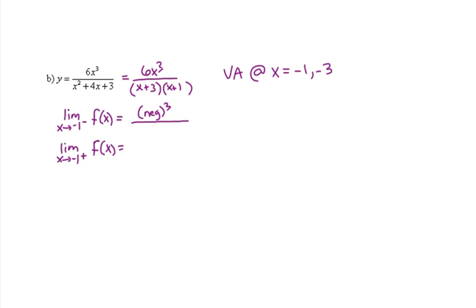Over, all right, to the left of -1 would be -1.01, say. Plus 3 would just be positive. -1.00001 plus 1. Is that a small negative or small positive? Small negative. Okay, so negative cubed, will that still be negative? Yeah. Over a small negative, it's going to approach positive infinity.